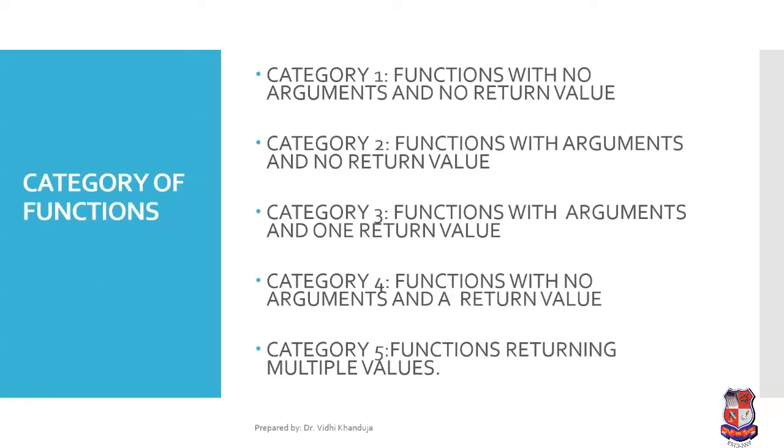Category third, function with arguments and 1 return value. Fourth, function with no arguments and a return value. And finally, the last category, the functions returning multiple values. Let us now see each of them.